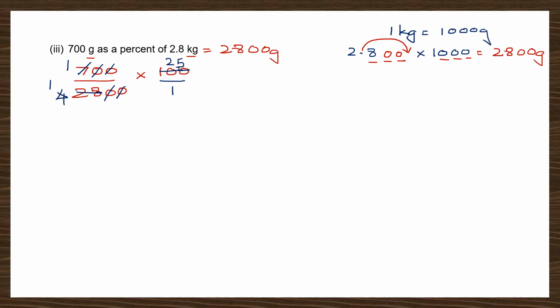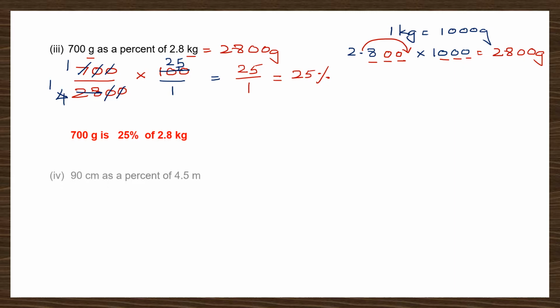That means 4 into 25 is 100. So now what do I have in my numerator? 1 into 25 in the numerators is 25 and the denominators 1 into 1 is 1. So 25 by 1 is 25 and we put the percentage sign. So 700 grams is 25% of 2.8 kilograms.